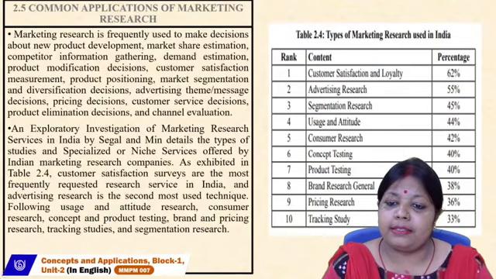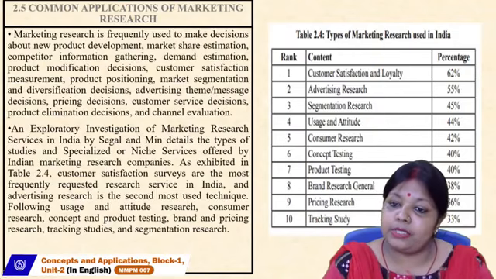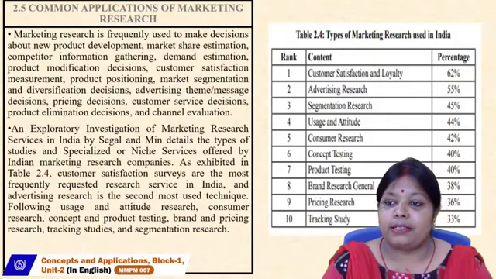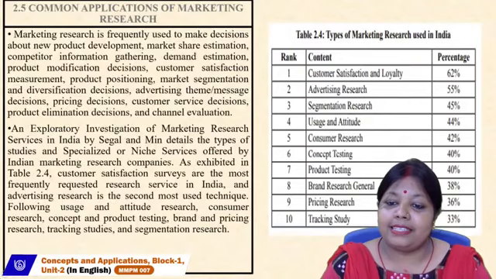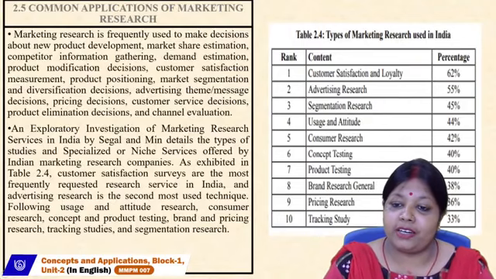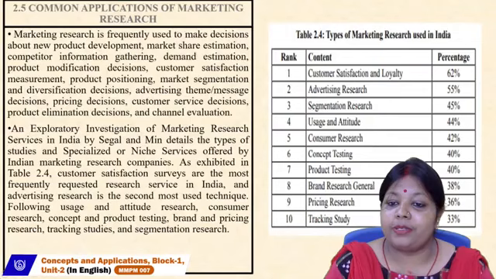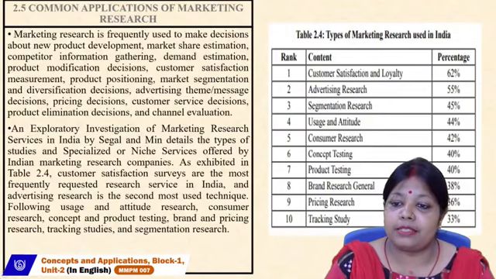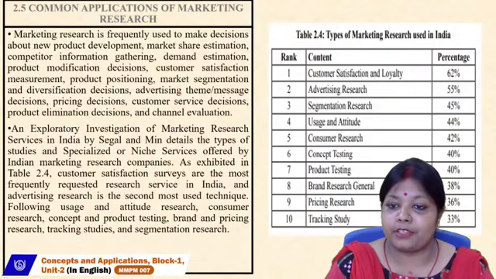So we can see here tracking study is contributing only 33%, and pricing research is only 36%. The same way it is increasing: brand research in general is 38%, product testing type of research is 40%. The same is concept testing research.